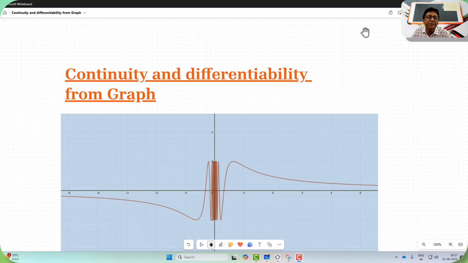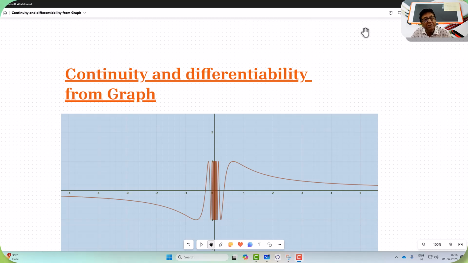On the other hand, differentiability. A function will be differentiable at a point if the function has a unique value of differentiation over there. If the left hand derivative and right hand derivative give different results, then the function will not be differentiable there.